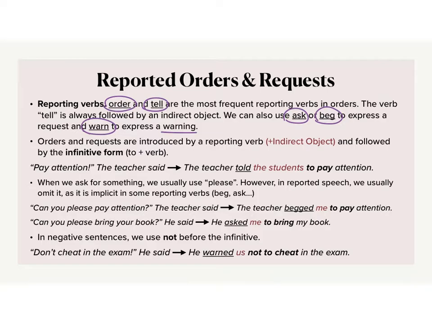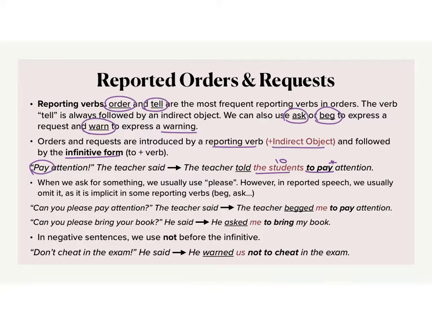Orders and requests are introduced by a reporting verb, order, tell, ask, beg, and they can be followed by an indirect object and then followed by the infinitive form. For example, "Pay attention," the teacher said. The teacher told the students, that would be the indirect object, to pay attention, and the infinitive of the verb.